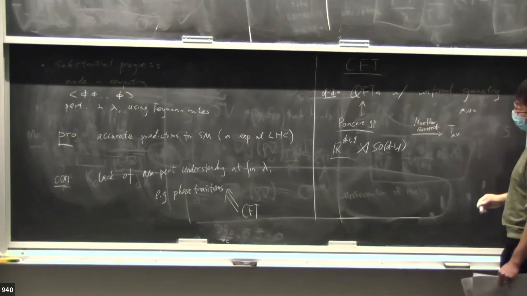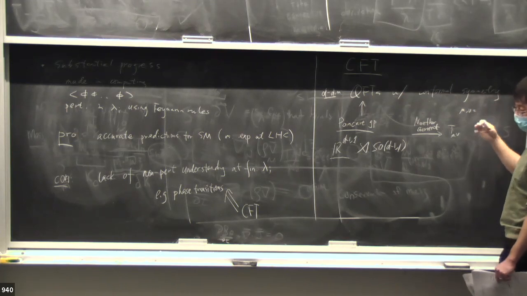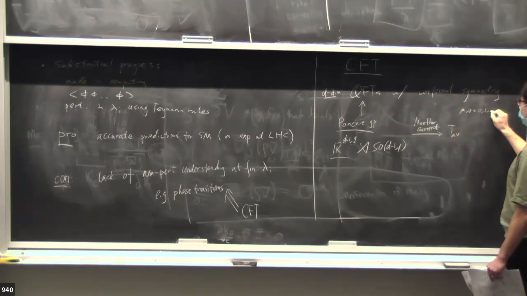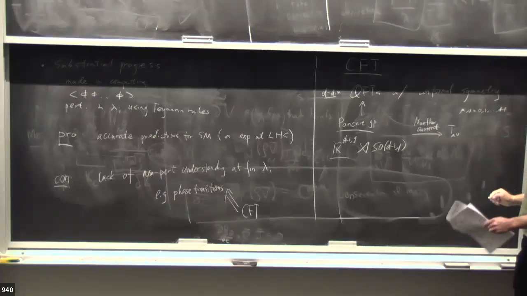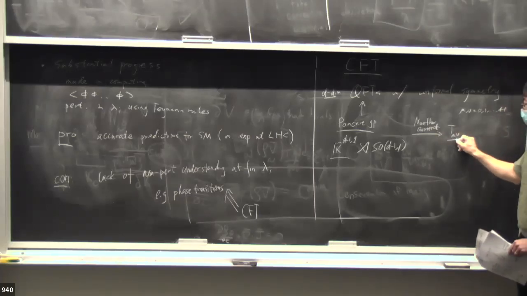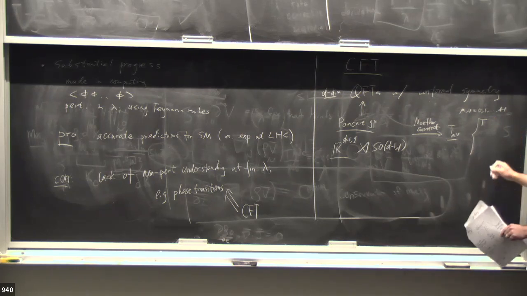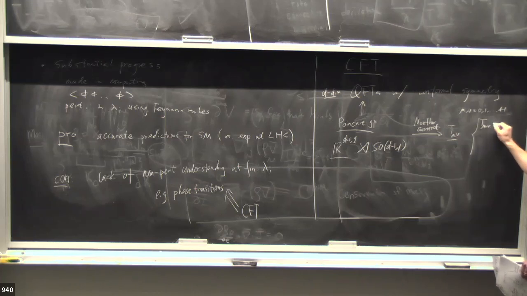In our space-time they will be only 0, 1, 2, 3. In general d dimensions, they run from 0, 1, all the way to d minus 1. And the stress tensor, which is the Noether current for the symmetry, has two indices, mu and nu. They satisfy a number of properties, which come from the so-called Noether theorem and in the quantum theory correspond to the so-called Ward identities. It says that this stress tensor operator is symmetric.